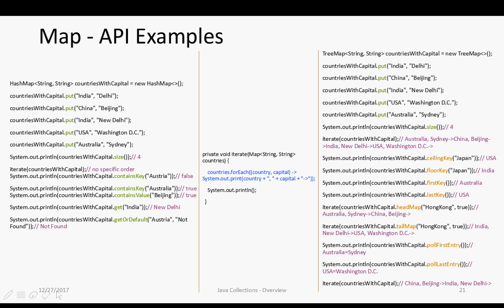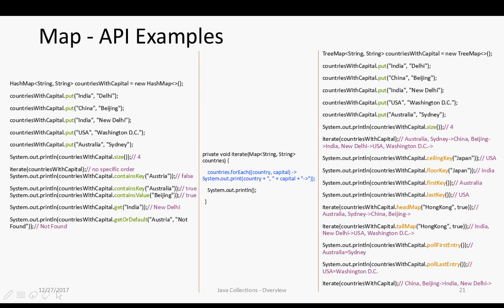So if I try to do get on India, I'm going to get New Delhi. Well, if I see the size of the map, although I inserted 5 elements into it, 5 times I've used put, one was a duplicate, so I see that its value is 4.